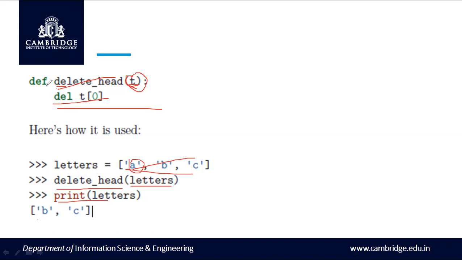Because in the main function, it deletes the first element. That is why only 2 elements are returned when you execute this program. So that is list arguments. And parameters, arguments are nothing but the actual values passed to the function defined.